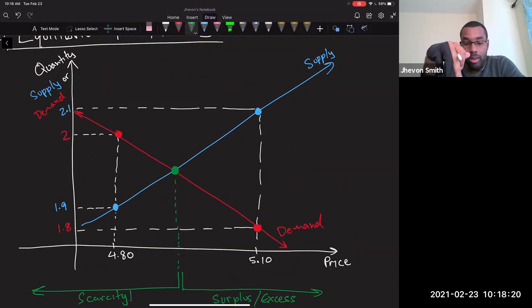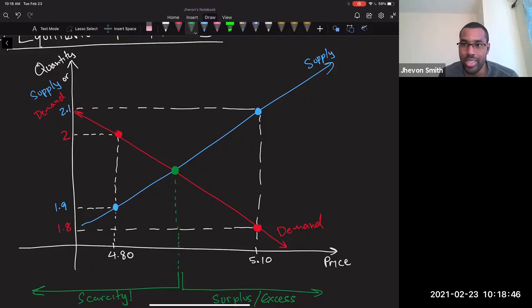Producers are willing to make 2.1 billion of these units, but people are only willing to buy 1.8 at this price. So what you have is a market where the supply exceeds the demand, right? And so you have more products in the market than people are willing to buy. So you essentially have some products sitting on the shelves that no one's buying, and it's just a waste, right? This is just excess, right?